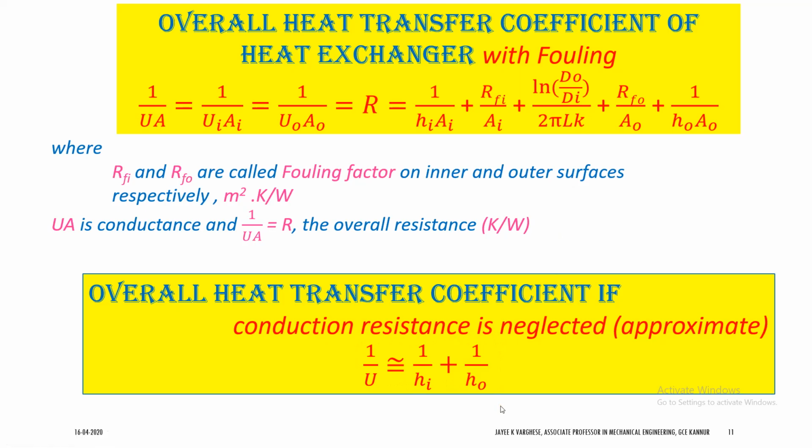If it's instructed in the problem, you can neglect the conduction resistance. So 1 by U is approximately equal to 1 by hi plus 1 by ho. Here A_i and A out are also considered to be not much different. You can say that the surface is very thin, the wall is very thin.